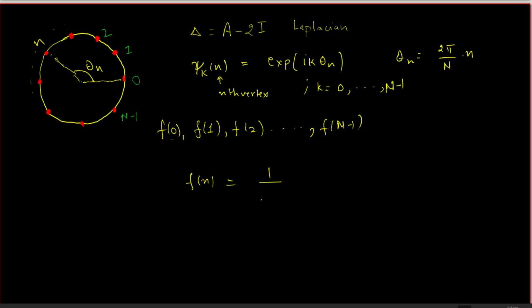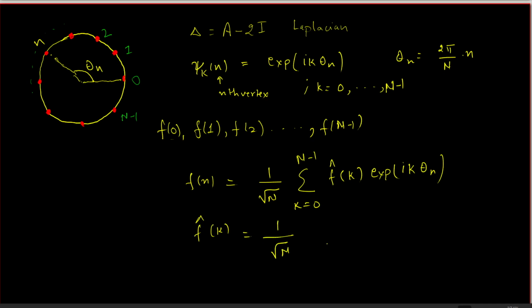The expansion looks as follows: sum over k from 0 to n minus 1, f cap k exponential i k theta n, where theta n is 2 pi by n times small n, and these coefficients f cap k are given as 1 by square root n, sum over small n from 0 to n minus 1, f n exponential minus i k theta n.